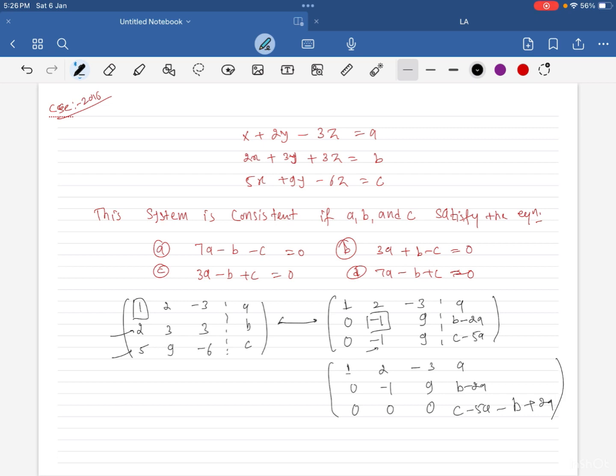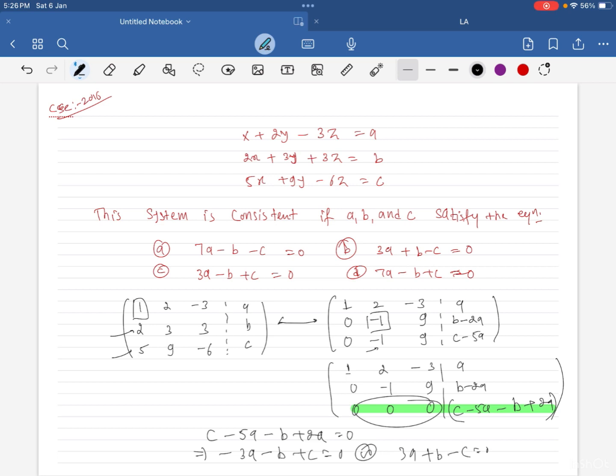Now you apply back substitution, and to have the solution, this should be equal to 0 because the left hand side is 0. So c minus 5a minus b plus 2a is equal to 0. So minus 3a minus b plus c is equal to 0, that is equivalent to 3a plus b minus c is equal to 0. So the correct answer for this is B.